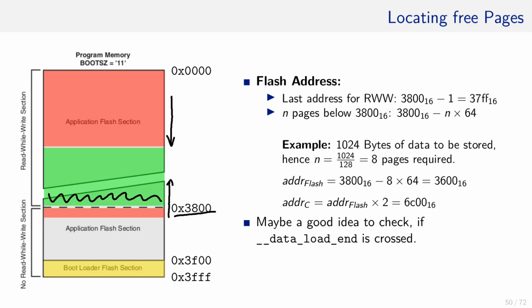Similarly, if you grow up from the first free page to store your data, it would be a good idea to check if you cross the address 7000 in hexadecimal format to prevent that your function, which is located here, is overwritten.